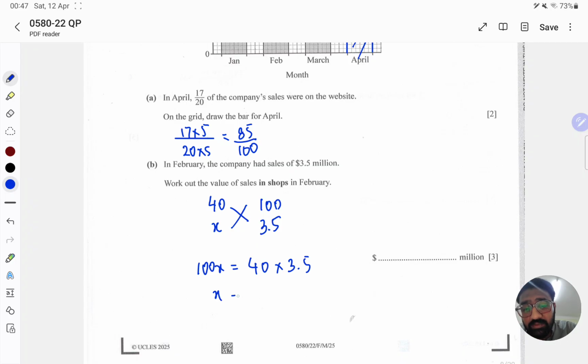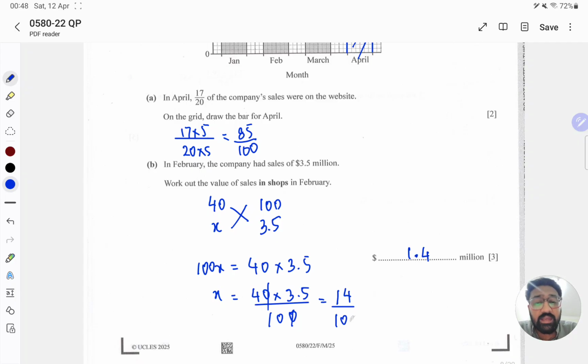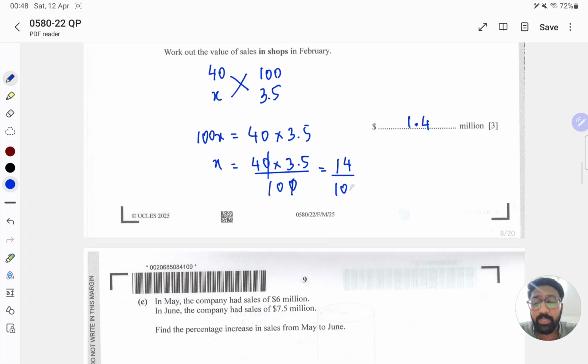So x will be 40 times 3.5 divided by 100. The zeros can cancel out. 4 times 3 is 12, and 4 times 0.5 is 2. So 12 plus 2 is 14. So I'll have 14 divided by 10, which is 1.4. So 1.4 million sale was done in shops in February.